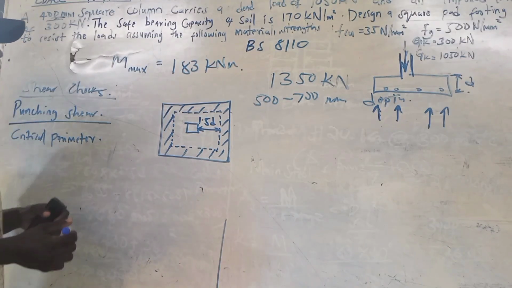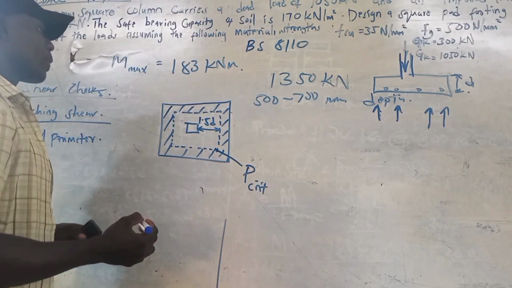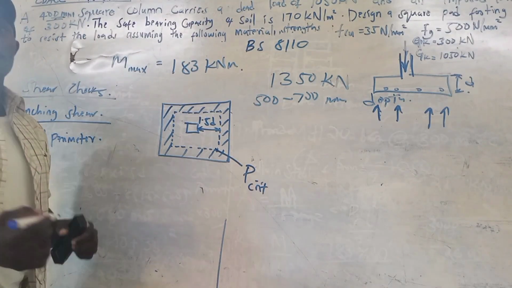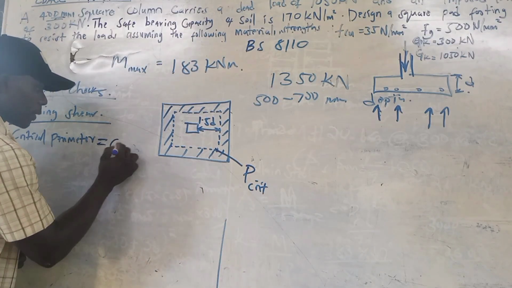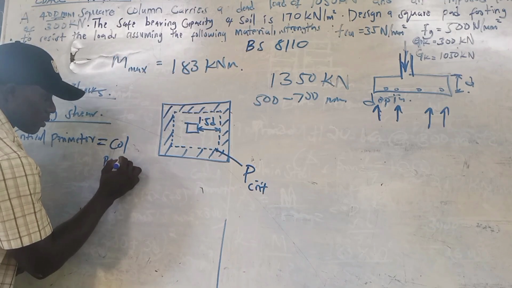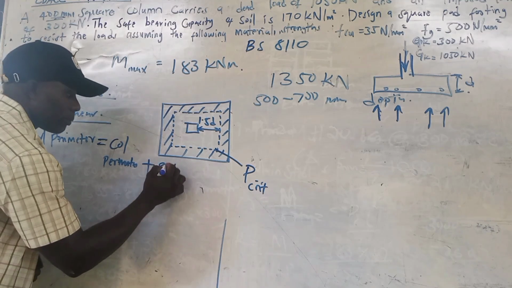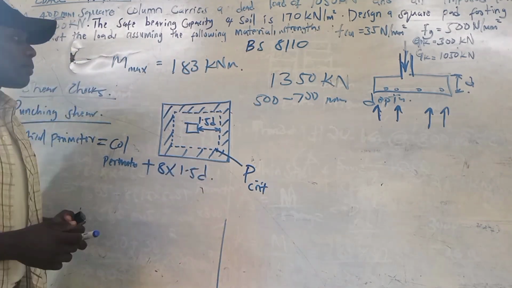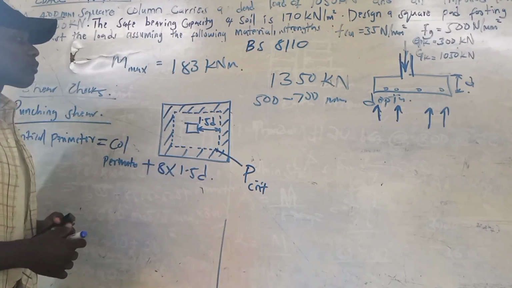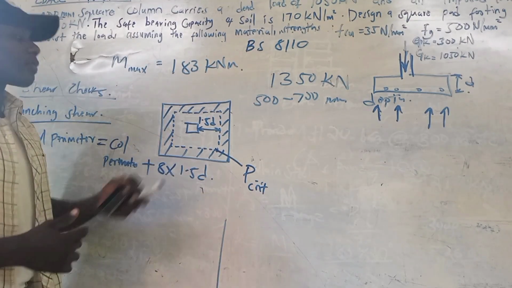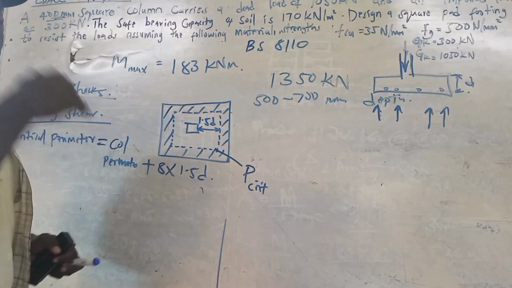So the critical perimeter, which is this one, is obtained using the formula column perimeter plus 8 by 1.5D. The column load is provided with a wider area to prevent it from punching through the column, the footing slab. Okay, so that is the purpose of establishing the critical perimeter.